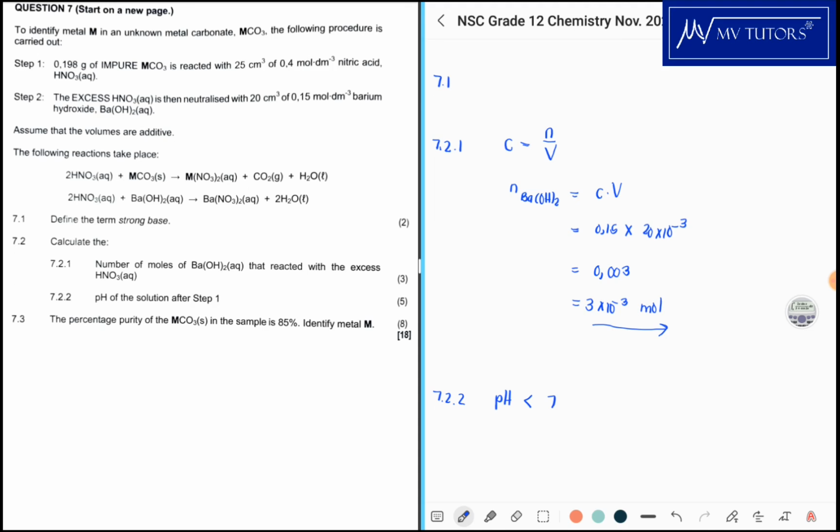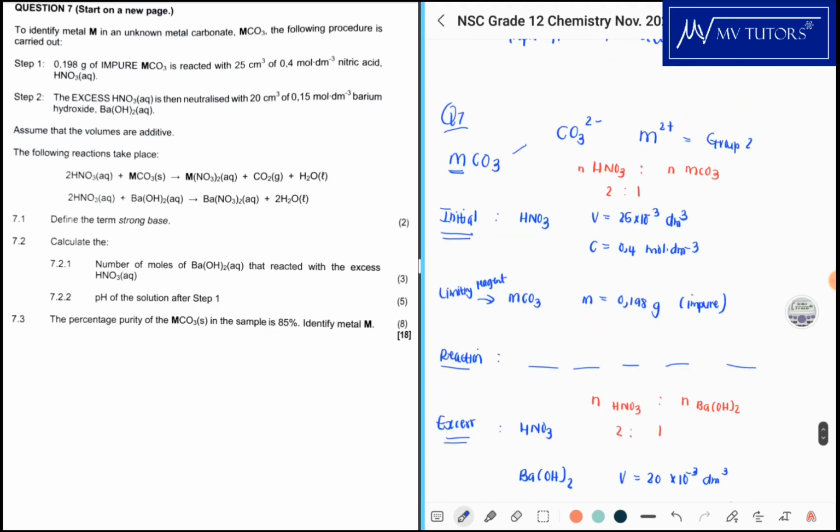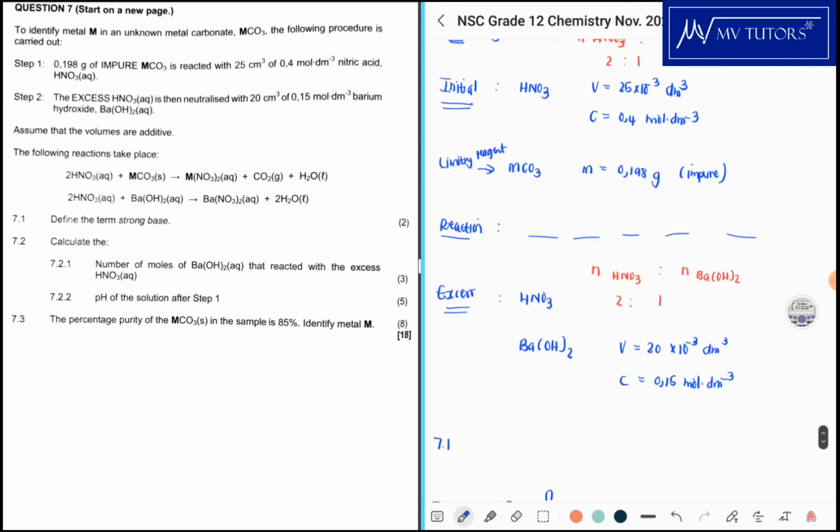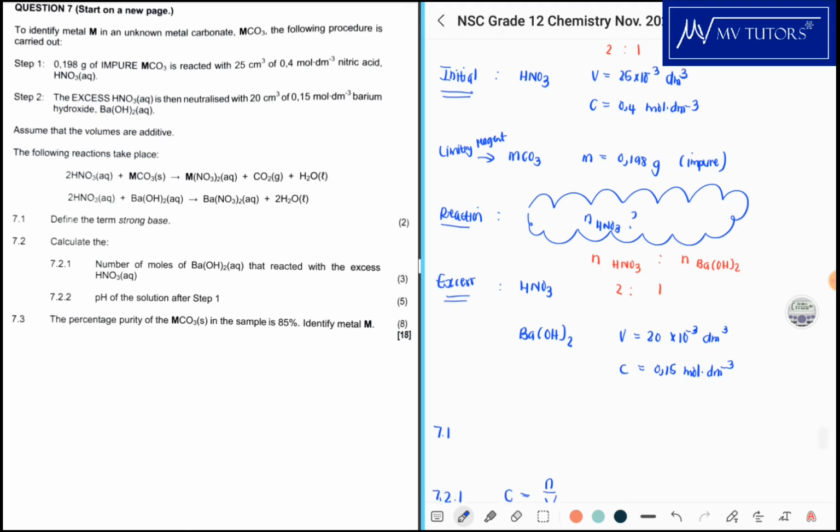Now how much of that acid actually reacted? We know initially we can calculate the number of mole initially, but what is the number of mole that actually reacted? If we have that amount, we can then get the pH of the solution.